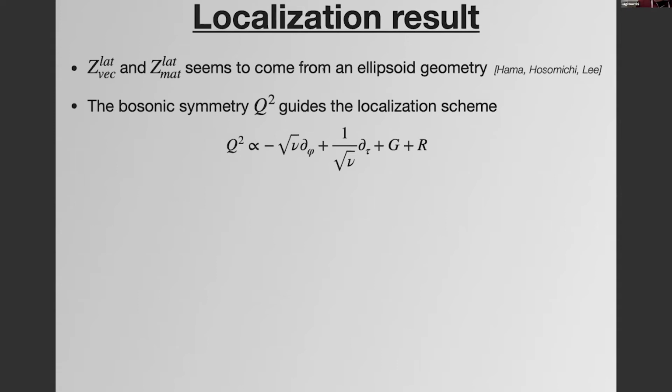And to understand this, we need to look at the square of the localizing supercharge. And we found that the same Killing vector of the squashed sphere appears, the same as for the circular Wilson loop on the squashed sphere. We also find a gauge transformation and an R-symmetry transformation.